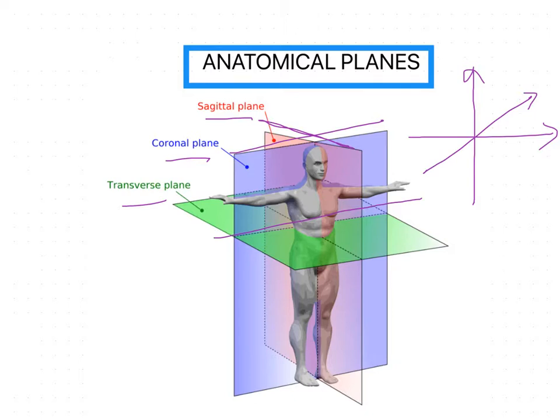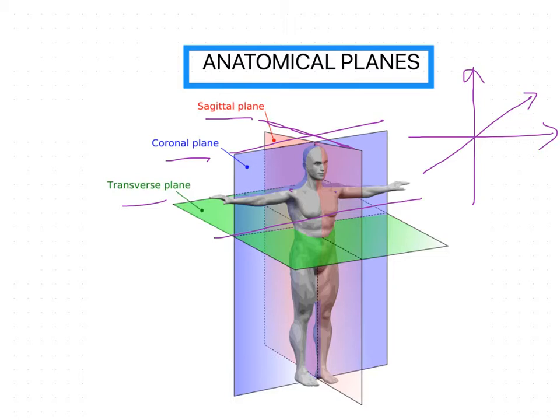We have so many joints, and these joints exhibit some movements. How are these movements taking place? For example, whether the shoulder is moving in the sagittal, coronal, or transverse plane, what kind of movements take place in the sagittal plane, what kind in the coronal plane, and what kind in the transverse plane.